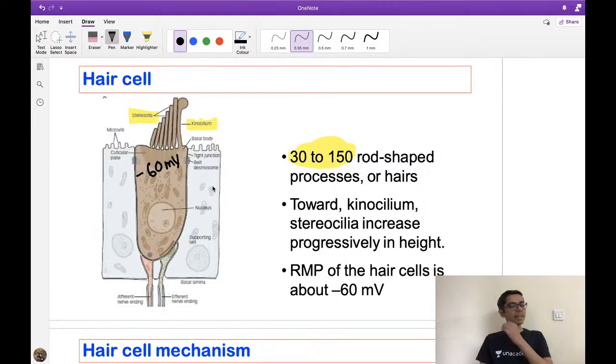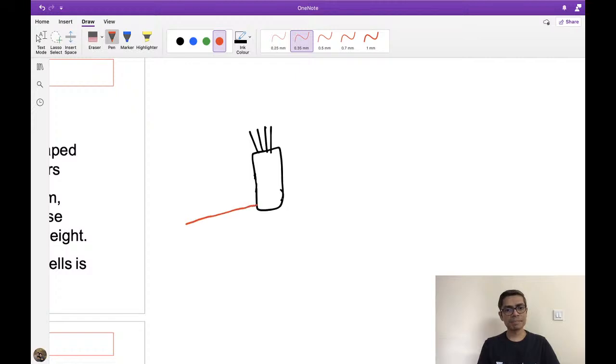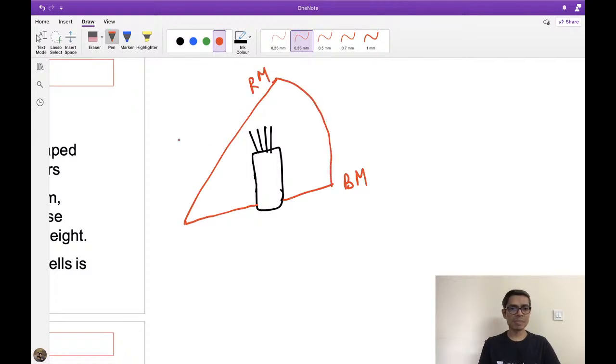Now I will tell you one important concept. Everybody listen carefully. Suppose this is your hair cell, and this is the tip of the hair. This is your basilar membrane, and this is your Reissner's membrane. The fluid outside the basilar membrane and Reissner's membrane is nothing but perilymph, and this is also perilymph, and this is endolymph.